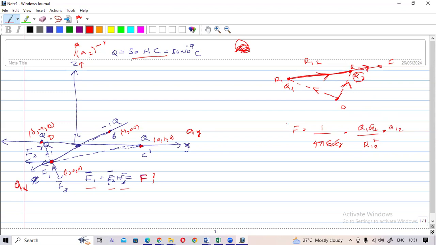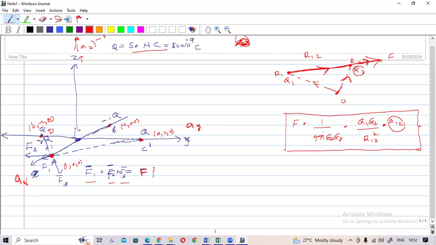Okay. So this is the equation we are familiar with. Now you have to understand this equation. This is a unit vector to indicate this direction. So this unit vector is in this direction.